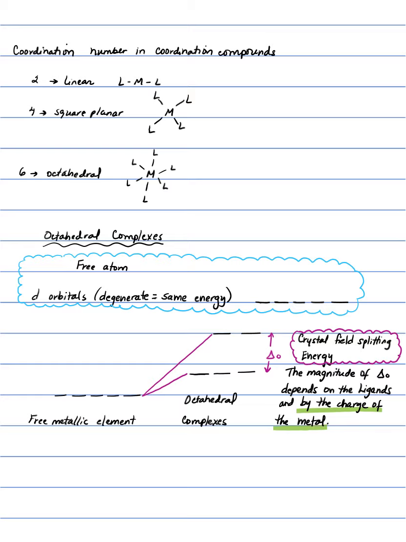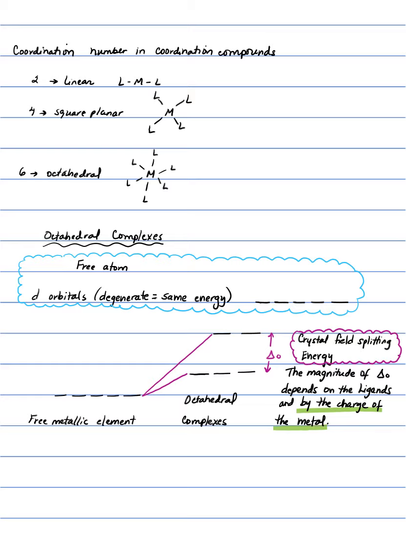Now, that splitting, where you have your 3 orbitals and then above them you have 2, the difference between them, we use a delta sub 0, and that's the crystal field splitting energy. So the difference between the amount of energy that you have on the 2 orbitals and the amount of energy that you have on the three orbitals below, the difference between those two energies is that delta zero.